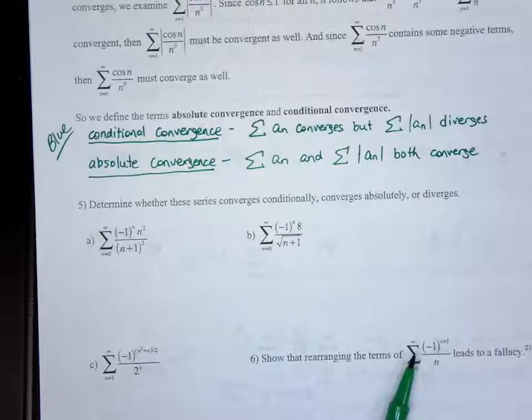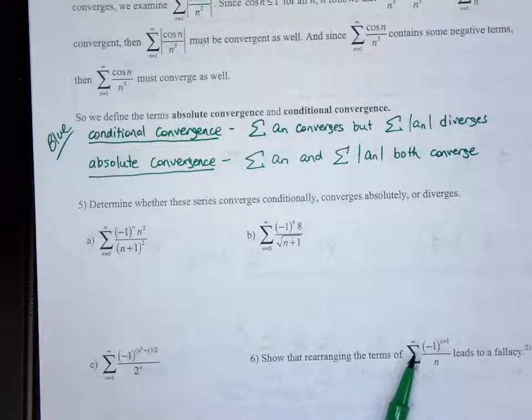And it kind of makes sense because the absolute value converges absolutely. Right? That's what we have here. Now, on the homework, if it just says converge or diverge, you test only the alternating one. But if it includes the words conditionally, absolutely, or diverge, you've got to test both the alternating and the all positive and see what's going on.